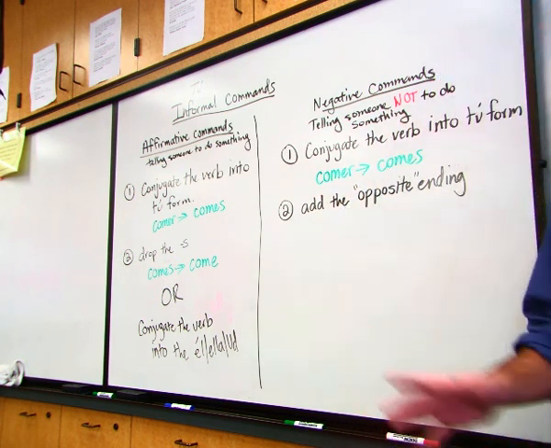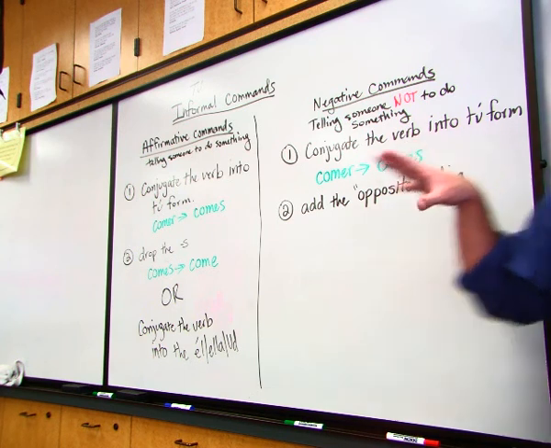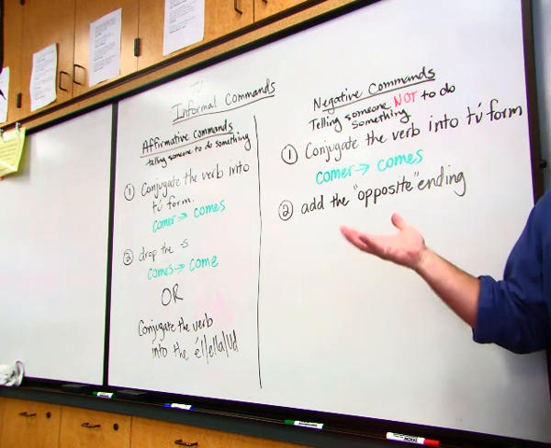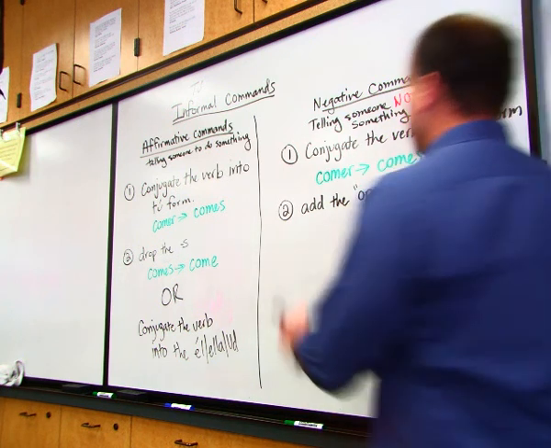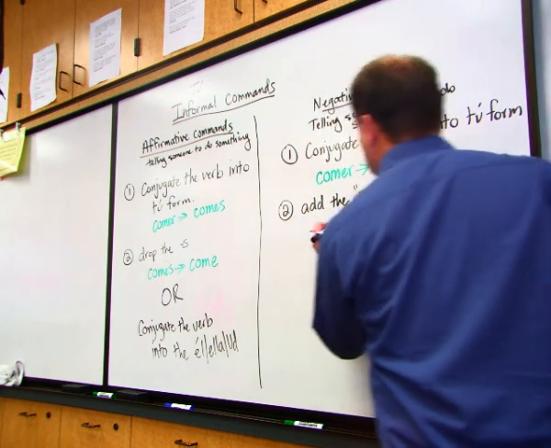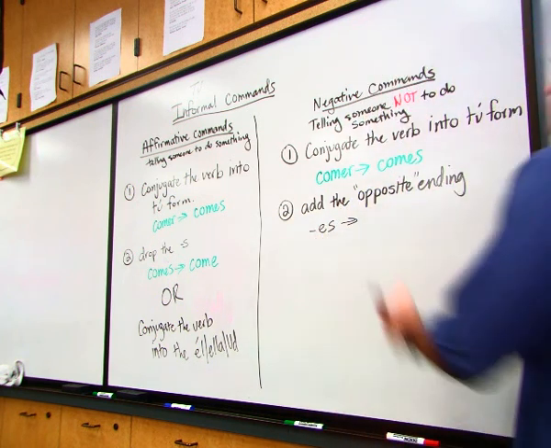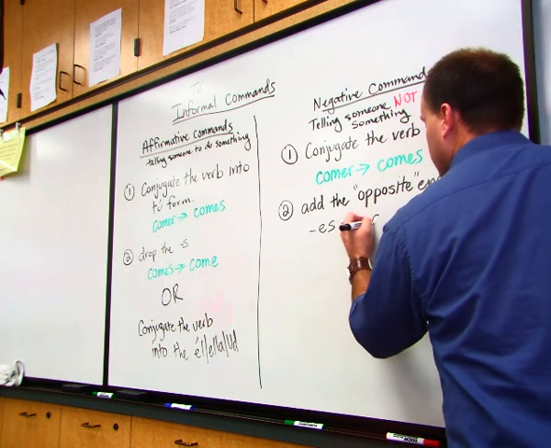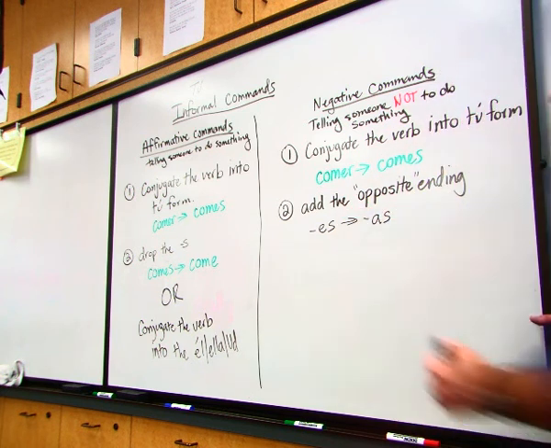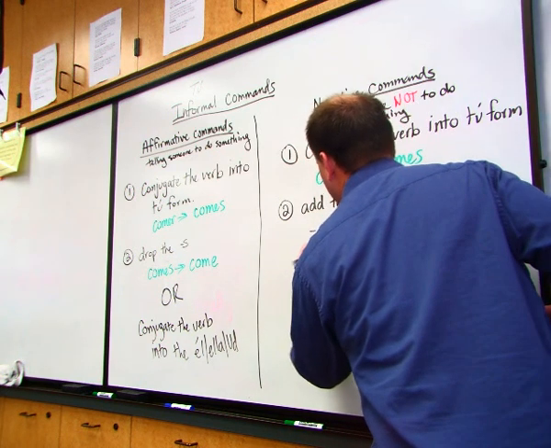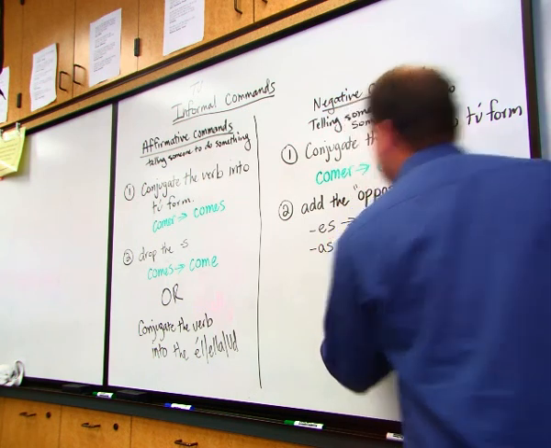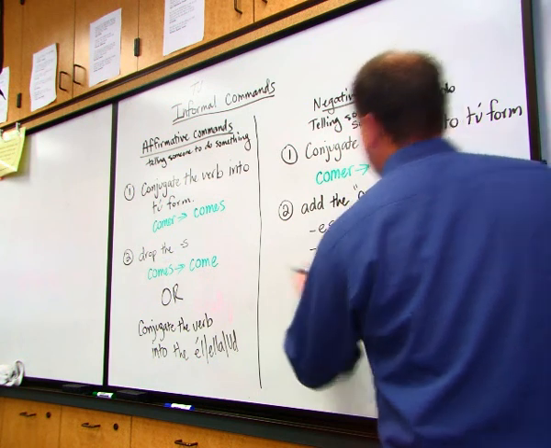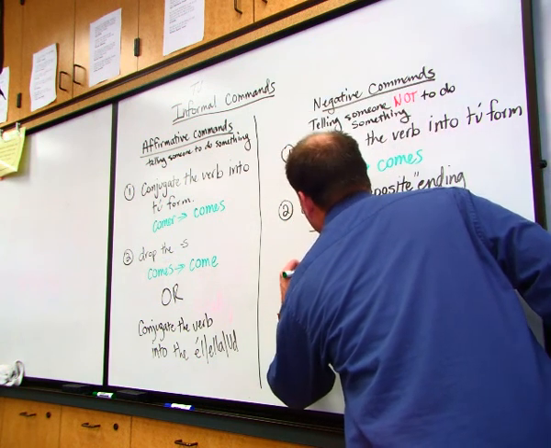What I mean by that is if you think of AR verbs and ER/IR verbs as opposites, then if it is an ER/IR verb, it normally ends in ES, and it becomes what? What's the opposite of that? The AS. And if it's a verb that normally ends in AS, it's going to end in ES. So in this case, the verb comes becomes what? Comas.